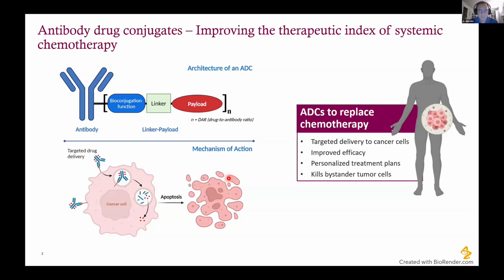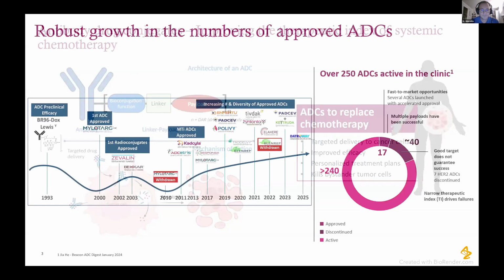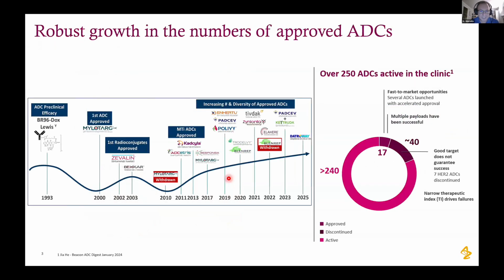And while the concept is really interesting and makes sense rationally, it's been extremely difficult to generate ADCs that work well in the clinic. In fact, Dr. Lee has already shown this slide.